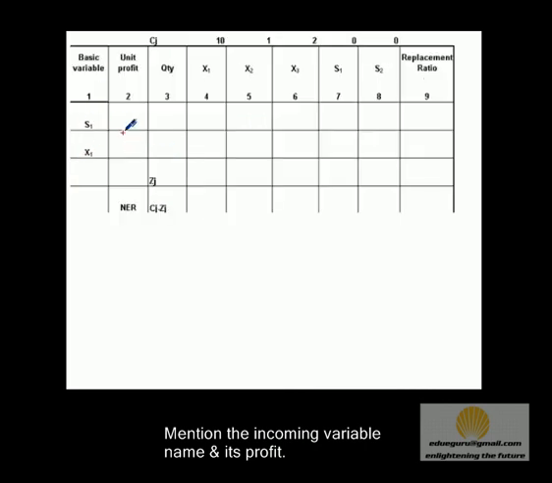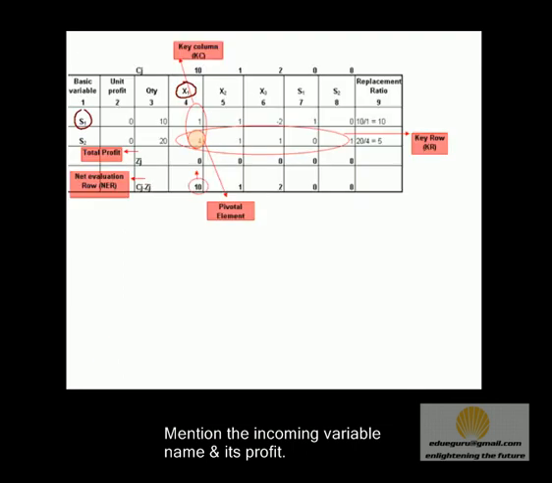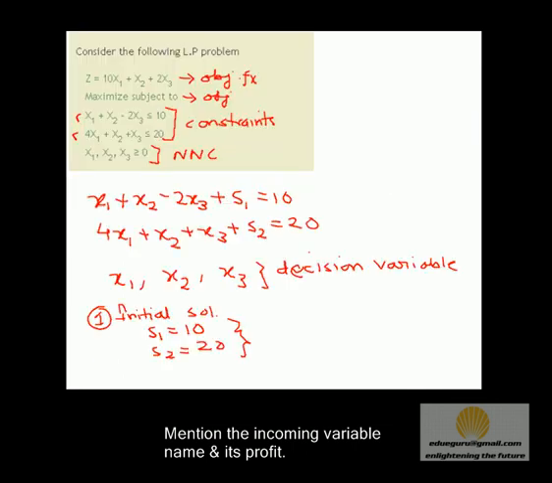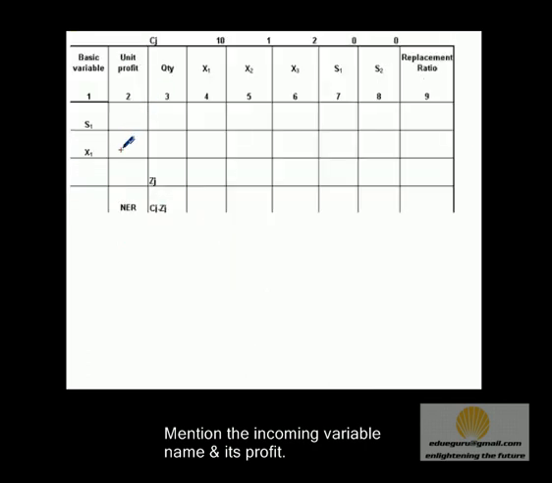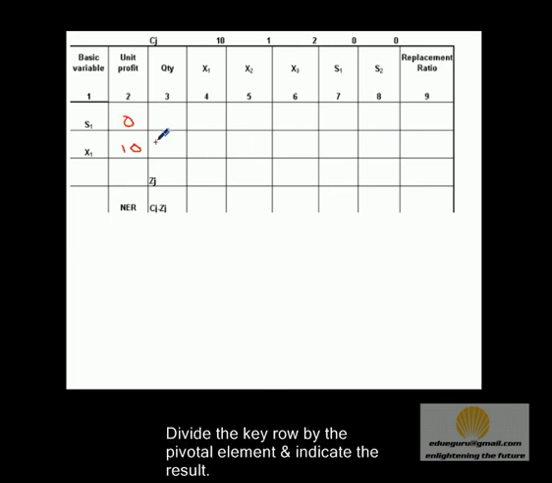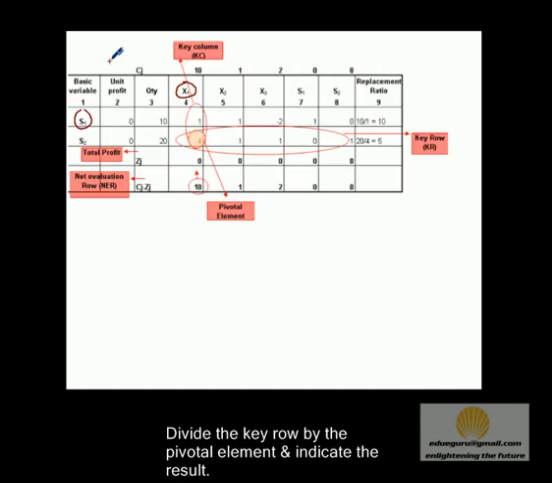For x1 we know the profit. Going to the first table, the profit for x1 is 10, so we'll put 10 there. And for this we know 0. For the remaining entries we divide the key row by the pivotal element.